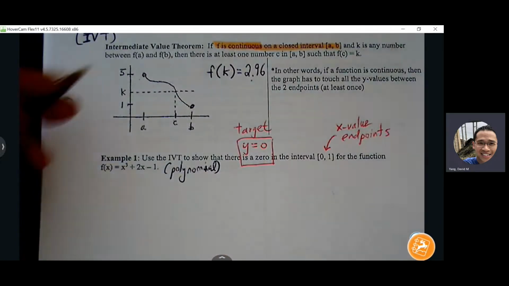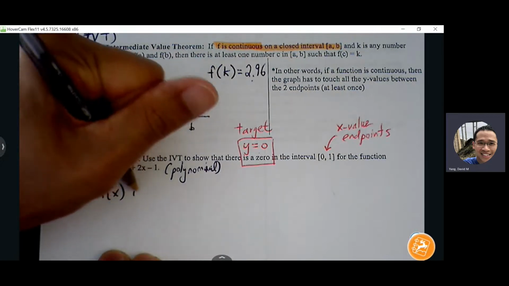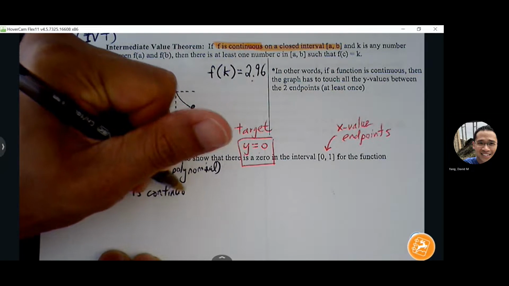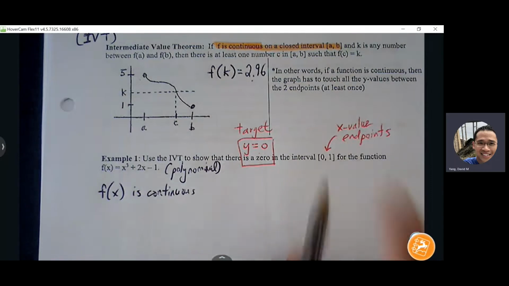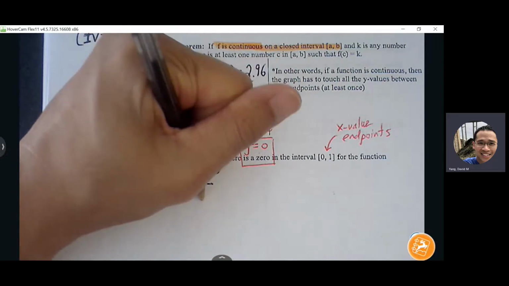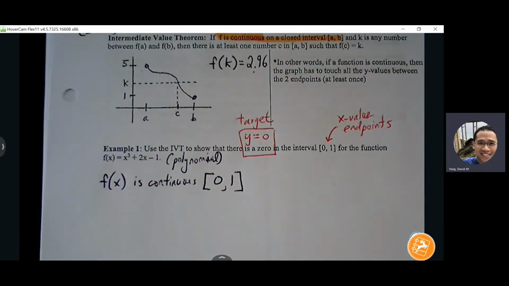So we want to practice writing out those conditions. f of x is continuous. Now, f of x is continuous everywhere because it's a polynomial, but we just want to specify the condition, the endpoints or interval. We only care about the interval, so we're only going to establish that continuity statement for our interval.